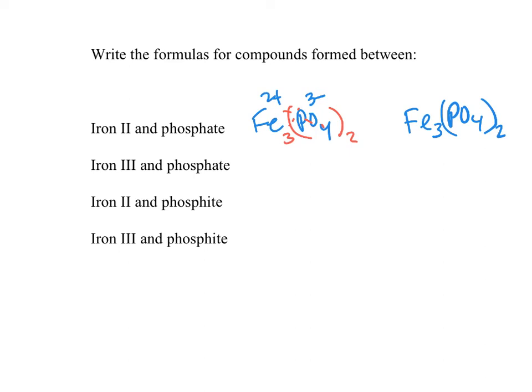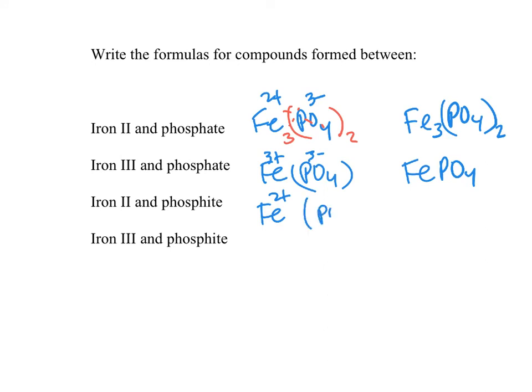All right, the next one, you got iron 3, phosphate 3- on the whole thing. So it's 1-to-1. Iron 3 phosphate would be the name. Then you got iron 2+ here with phosphite. Phosphite, it's PO3, and the 3- is on the whole thing. So you're going to have 3 and 2 there. That's your busy work.